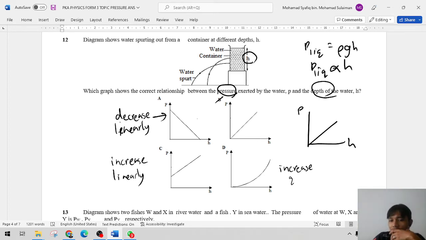Okay, quadratically. Okay, so if you look here, for example, if we have P4 and depth is 2, so let's say at P8 we got H is 4. So we can see here as P increases, depth increases.